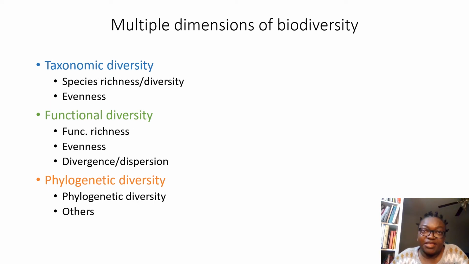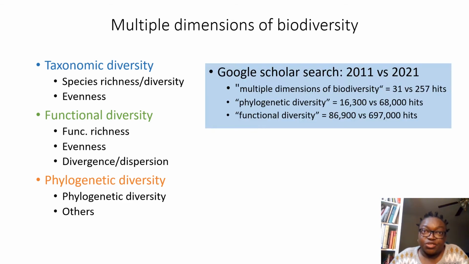So it's now commonplace to measure these three forms of biodiversity. In fact, most papers these days will report taxonomic, functional, and phylogenetic diversity. Well, I went ahead and did a Google search, and I was looking at how popular these terms have become in the literature by looking at how many hits we got on Google Scholar.